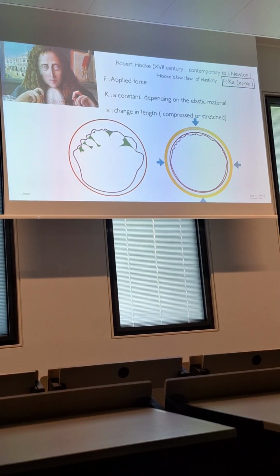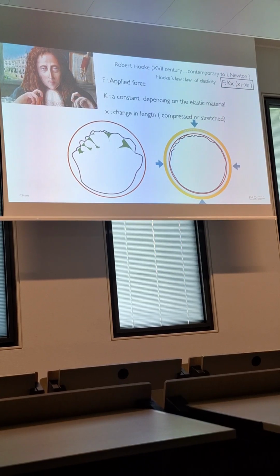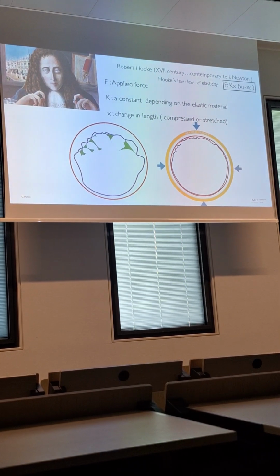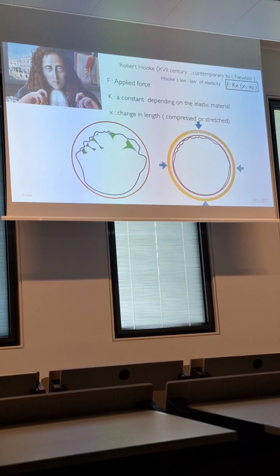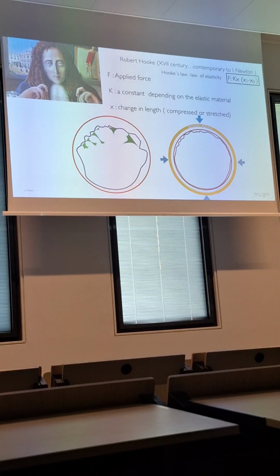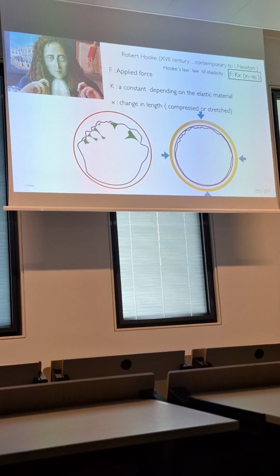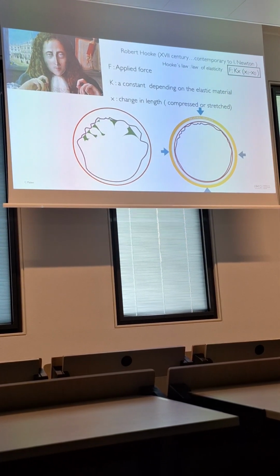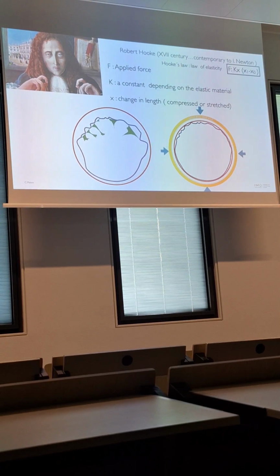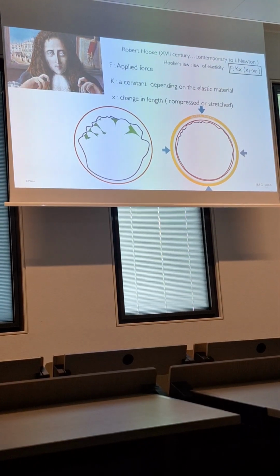You see these catenaries? Also, he described the law of elasticity. The law of elasticity says that the force you have to apply to an elastic environment depends on a constant that depends on the tissue, and depends on the change in length.